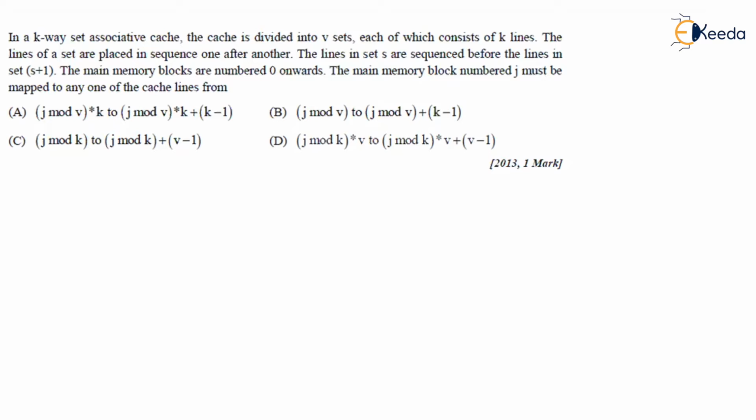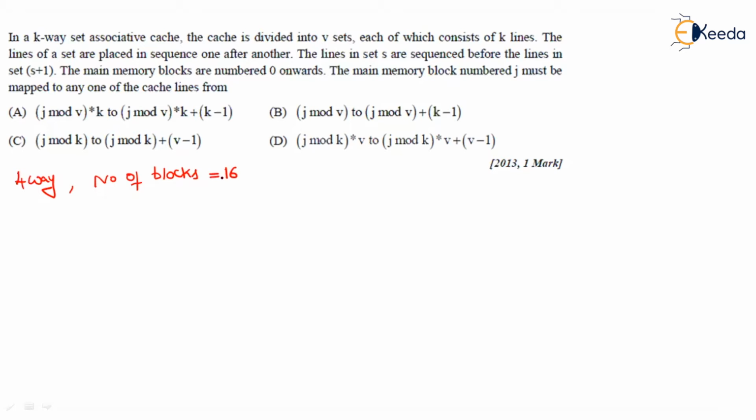I'm going to take a 4-way set associative cache. And the number of blocks is equal to 16.